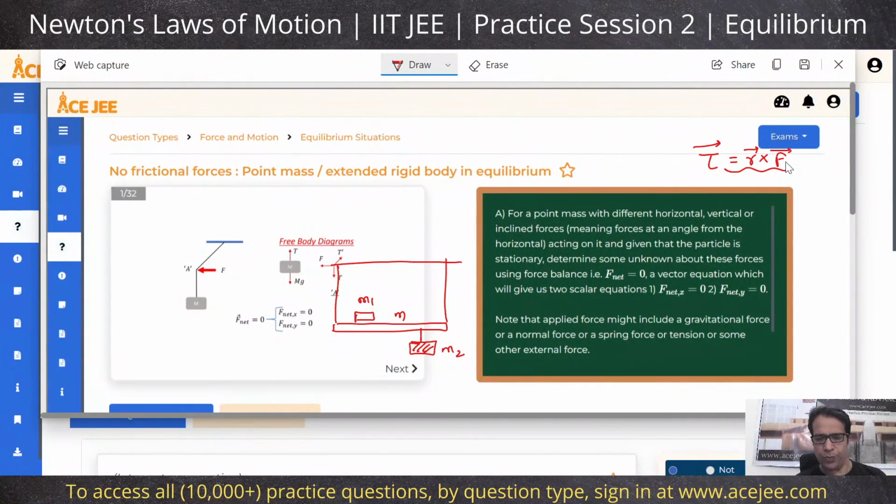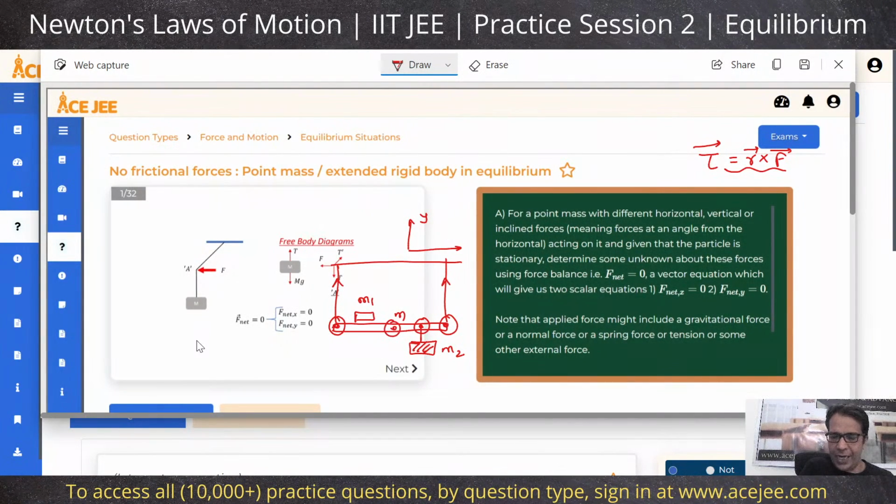So in this scenario, when you try and figure out your torque about the z direction, let's say this is my x, this is my y, and z is coming out of the screen. If you try and figure out the torque due to all these tension forces, your question is, sir, about what point? My answer to that is you can pick any point. You can pick a point on the rod right here, you can pick this point, you can pick the center of the rod.